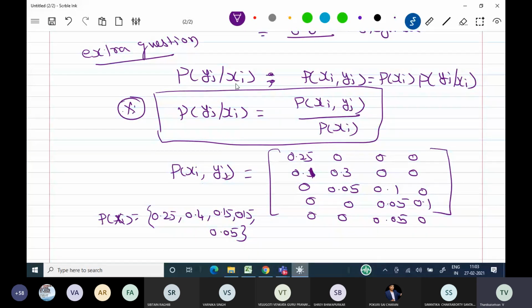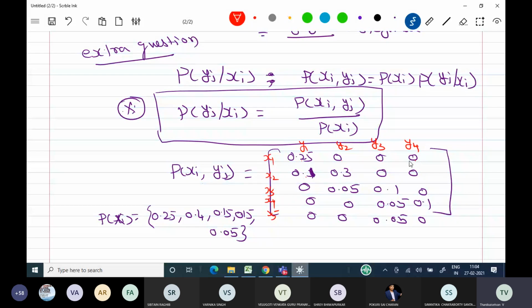What is the meaning? You see this, how to do this? This row is the x1 row, x2 row, x3 row, x4, x5. These columns are y1, y2, y3, y4. Finding the coordinates: this is x1, y1, x1, y2, x1, y3, x1, y4, x2, y1.